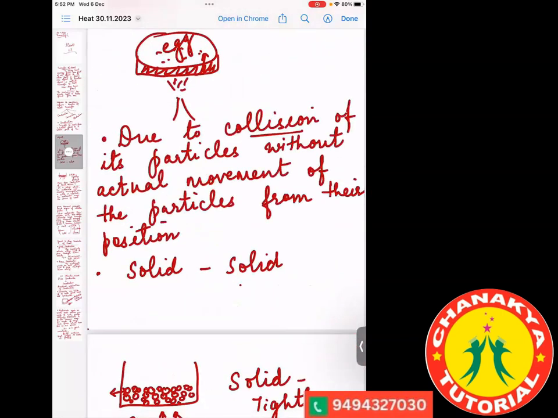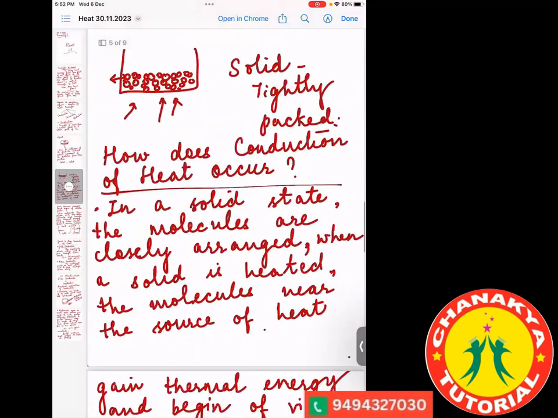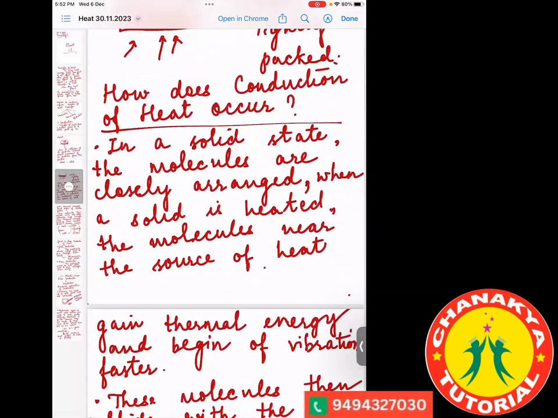This happens due to collision of particles, without actual movement of the particles from their positions. Since it happens between solid molecules, the collision or vibration occurs, and due to this the heat energy moves. In a solid state, the molecules are closely arranged.